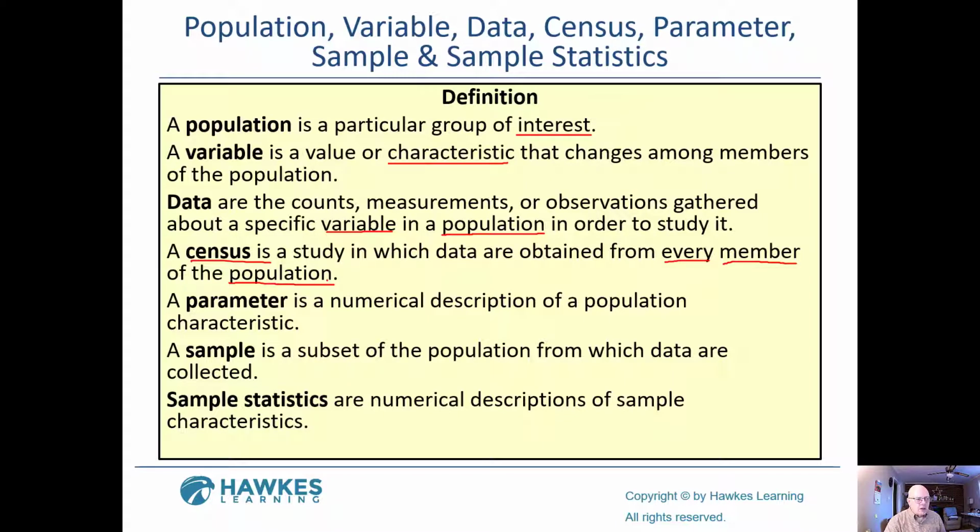And you don't have to go to a sample, you've got the entire population, and that is called a census. So remember, the parameter is associated with the population, P and P. Sample, S and S. Sample is associated with a statistic. So, census, parameter, sample, statistic.